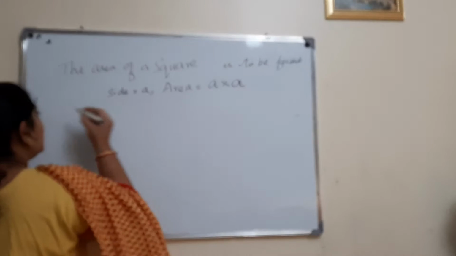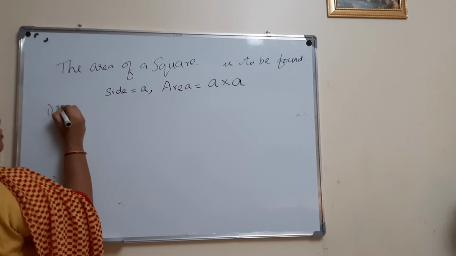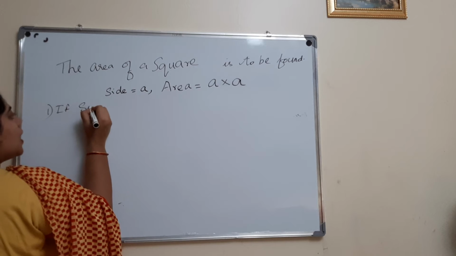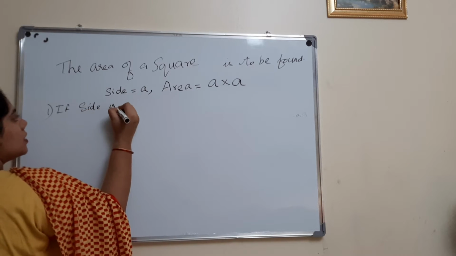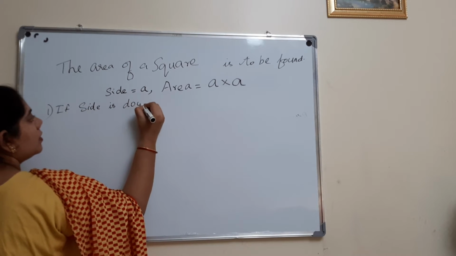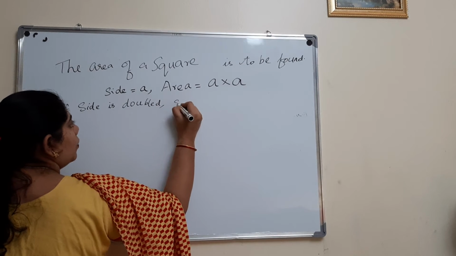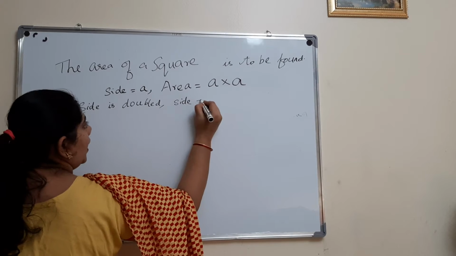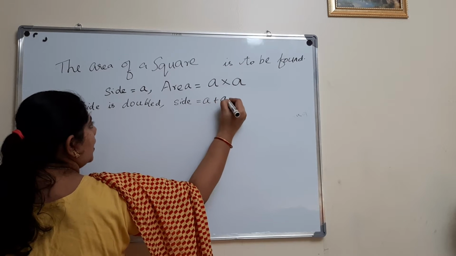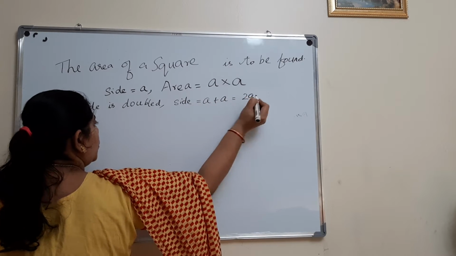So here also same. If the side is doubled, so doubled means the side now becomes A plus A, that is 2A.